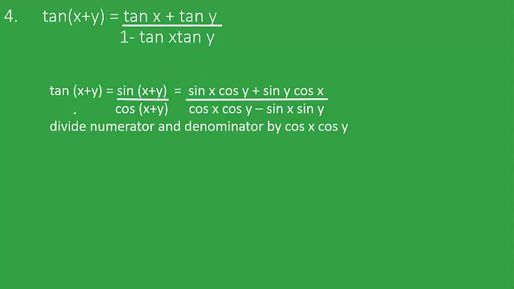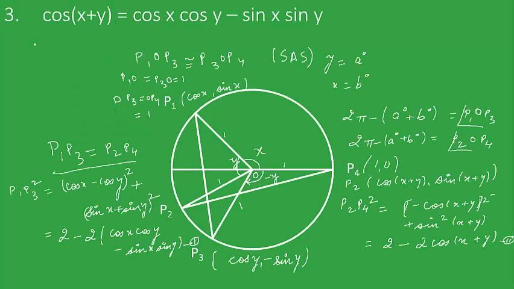To prove this, let's start with the basic definition that tan of x plus y is equal to sin of x plus y upon cos of x plus y, which is again equal to, by expanding sin of x plus y, as I've shown in the earlier example, or you can also work this out by the earlier property of cos of x plus y. Let's go back.